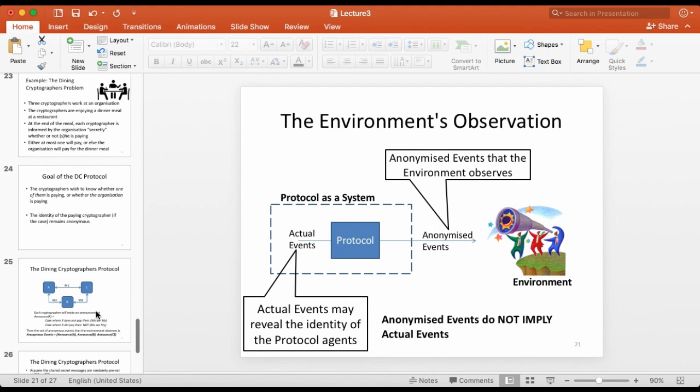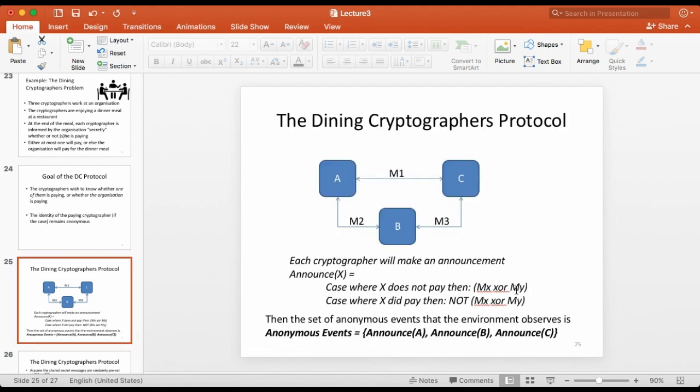Okay, so each cryptographer will make an announcement, and that announcement essentially is the XORing of the two messages that it knows about. So A will XOR M1 and M2, C will XOR M1 and M3, and B will XOR M2 and M3.